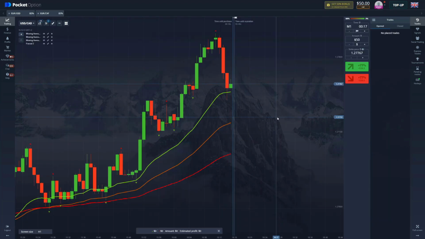Our entry signal is going to be when we see the price pull back into a 25 or a 50 EMA mark. Next one is we need to wait until the fractal indicator prints an arrow that aligns with the market trend that you're currently in. So in this case, the market is in an uptrend, so we're waiting for a green arrow to appear and indicate that is a perfect opportunity for us to go long.